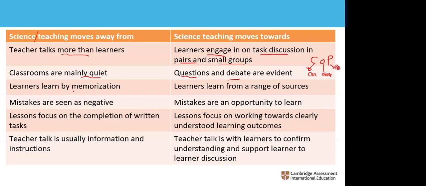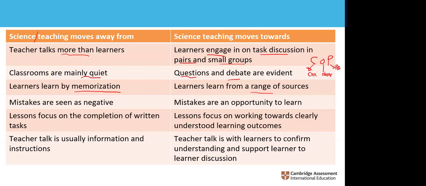We are moving away from memorization, or what we call rote learning, and we want learners to learn from a range of resources. Through the Cambridge curriculum, we expect children to use different approaches to learn, not only based on textbooks, but also contextualized learning from different contexts.